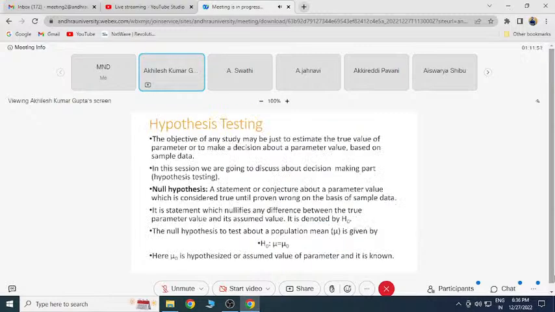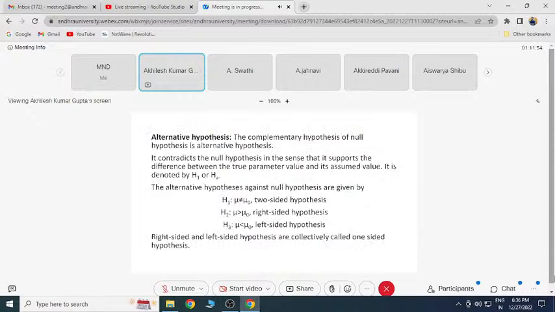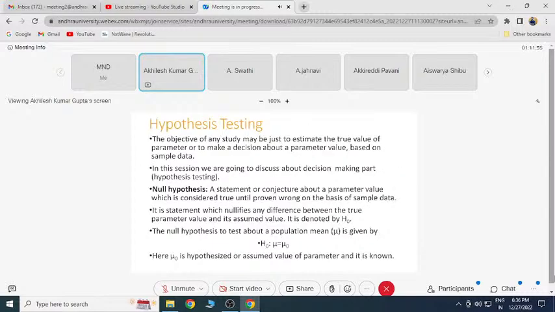As our time is not much, we will not go into much detail. We have two types of hypothesis: the null hypothesis, which is a pre-assumed conjecture statement that is tested until it is proven wrong or right.